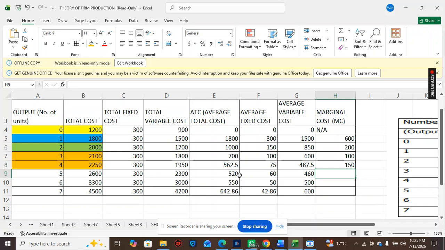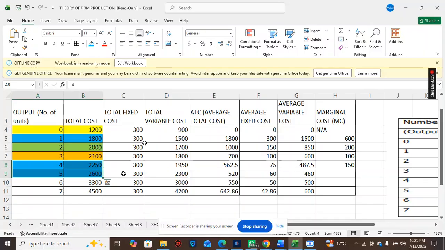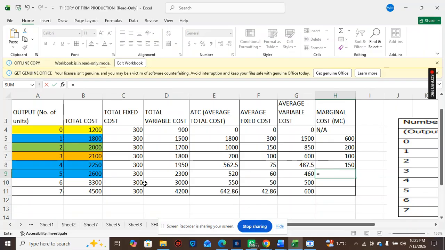When we move from 4 units to 5 units, our total cost increases from 2,250 to 2,600. So the additional cost is 2,600 minus 2,250, 350. So this fifth unit has brought an extra cost of 350.